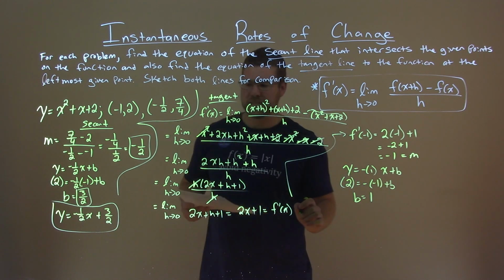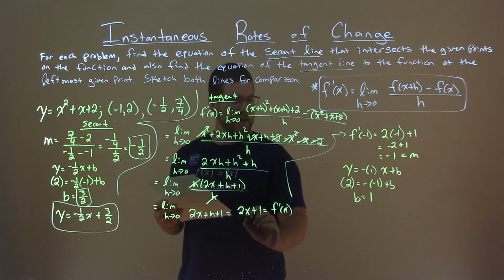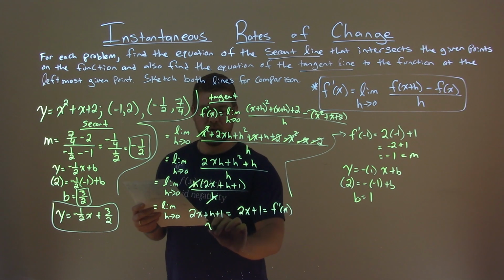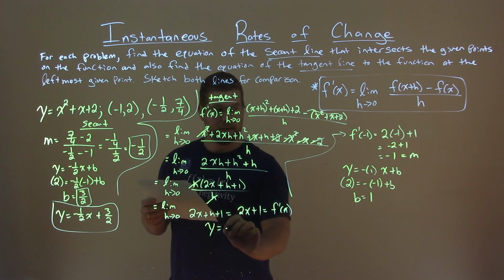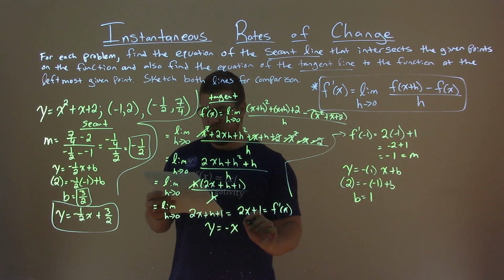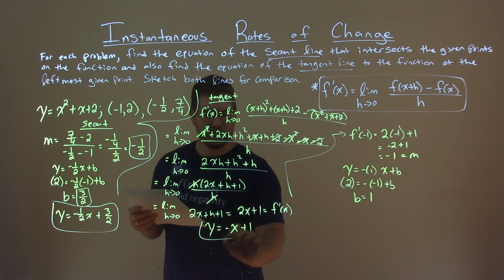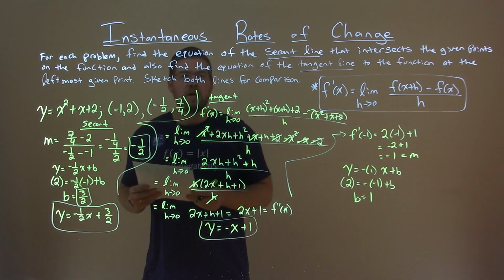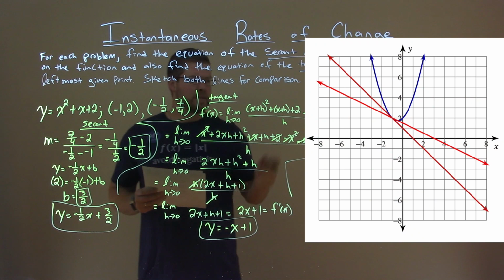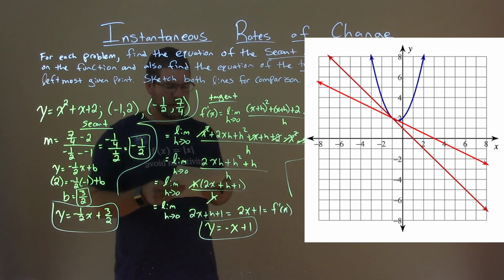And so our tangent line, combining it all together, is y equals negative x, the m value, plus 1. Now, when we bring the graph back up, what can we see?